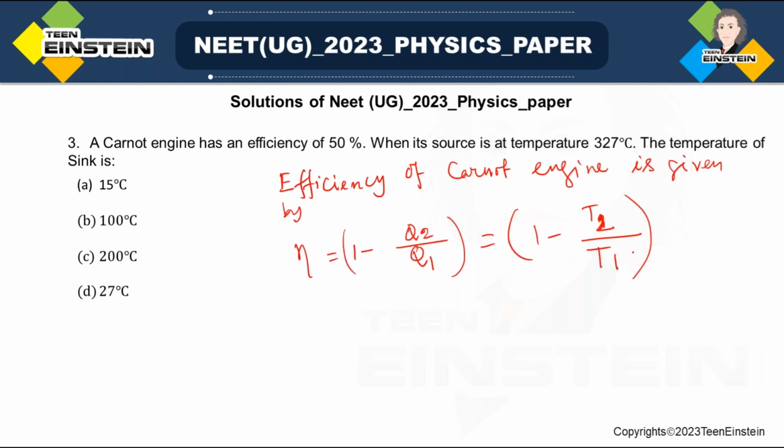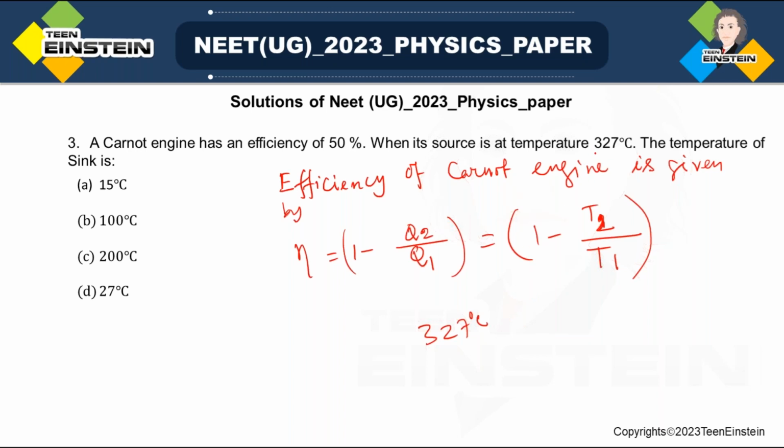Now the question is, when the source is at a temperature of 327, the temperature of the sink. So there are two regions, you know, that sink and source.